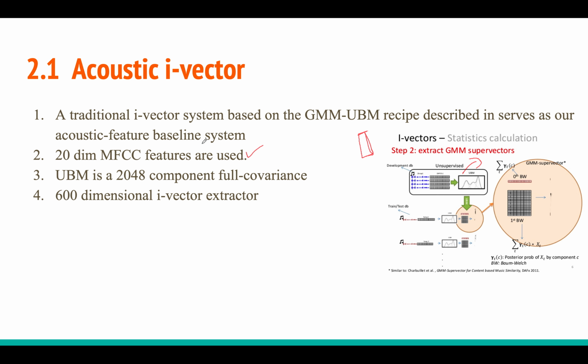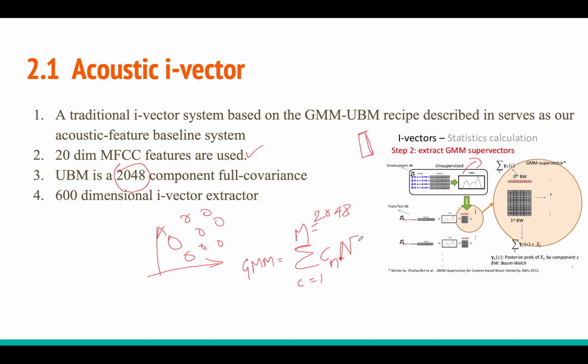The UBM is basically, as I said, also a Gaussian mixture model, but it is a 2048 component full covariance model. When I say 2048, for example, if I write the GMM, it is basically a summation over component 1 to, let's say, component M. This M is 2048 here, and you have a weighting factor c_m.